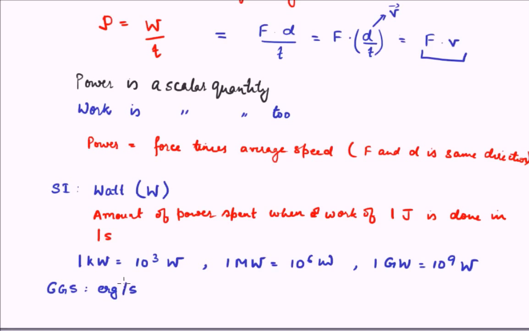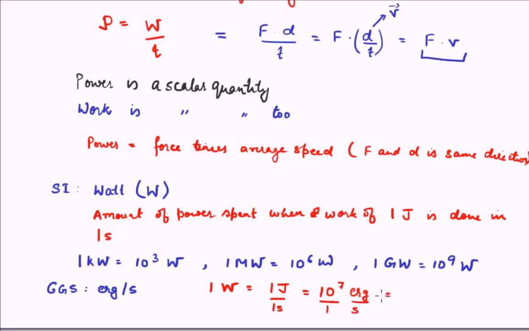Now the relation between watt and erg per second can be found out quite easily. Let us do it. 1 watt is 1 joule per second, and in our previous lecture we saw that 1 joule is 10 to the power 7 erg, and 1 second is the same unit in both systems.